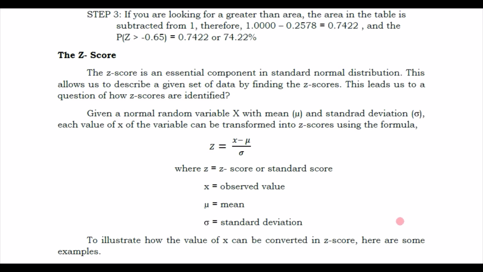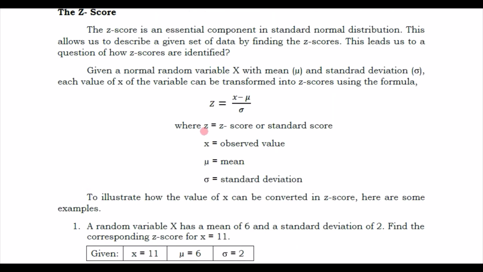So, how will we find the z-score? Okay, so here is the formula on how to find the z-score. Z is equals to x minus the mean over the standard deviation. Okay? The z-score, the standard score, x is the observed value, and this symbol, mu, is the mean, and the symbol sigma is for standard deviation.